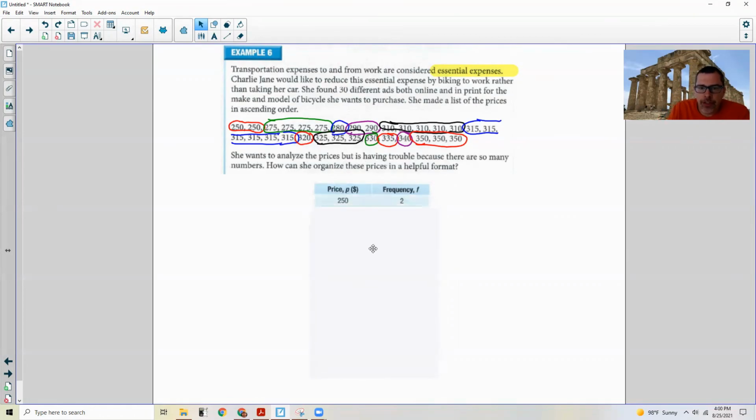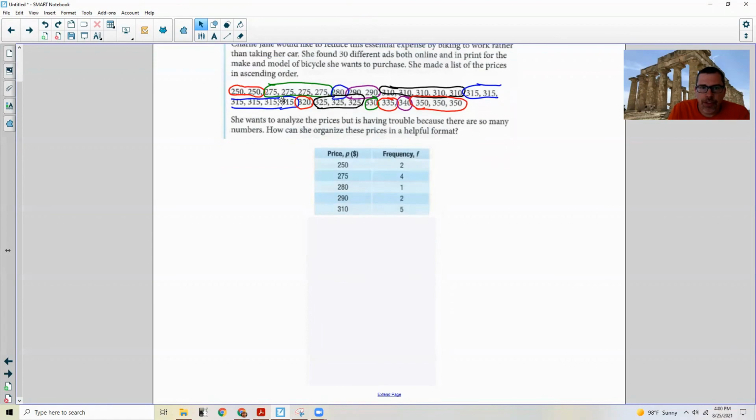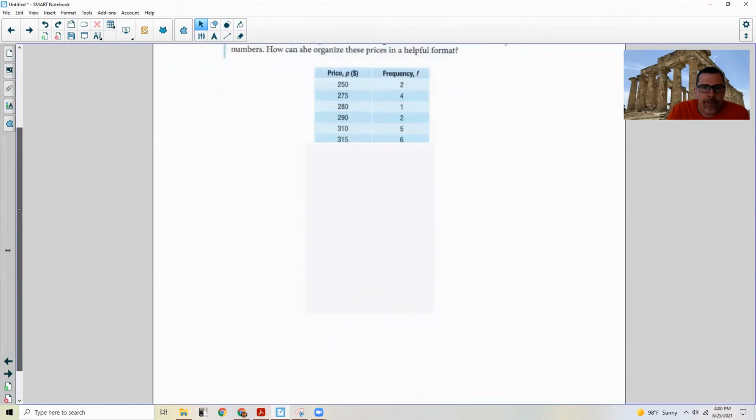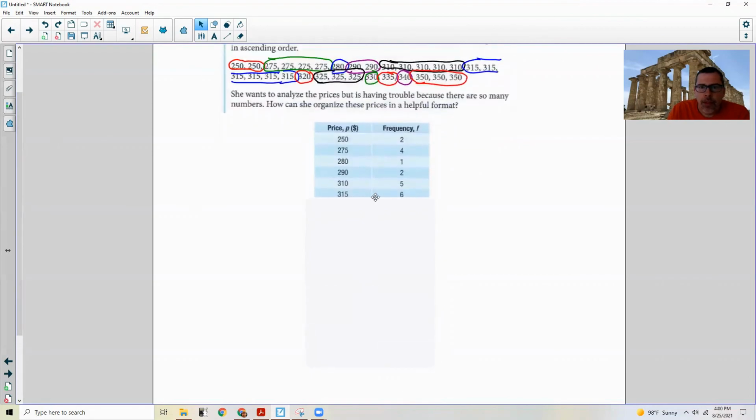So let's just go down the line here. 250 occurred twice, 275, 4, 280 once, 290 twice, 310 should be 5, 315 is 6, 320 is 1, 325 should be 3, 330 is 1, 335 is 1, 340 is 1, and 350 is 3.